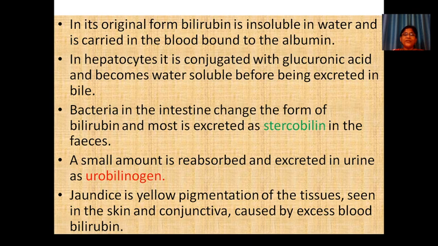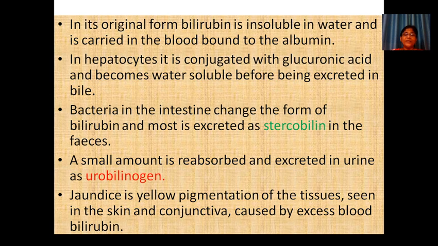Bacteria in the intestine change the form of bilirubin, and most is excreted as stercobilin. So the bilirubin secreted from the liver into the duodenum reaches the large intestine, where bacteria convert it and it is excreted as stercobilin in the feces.